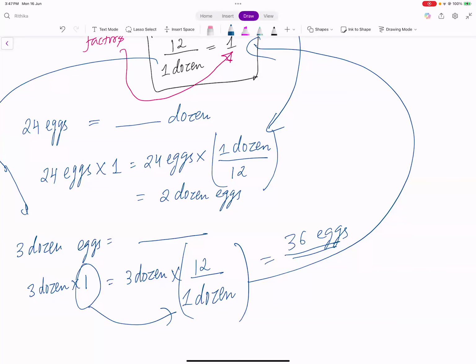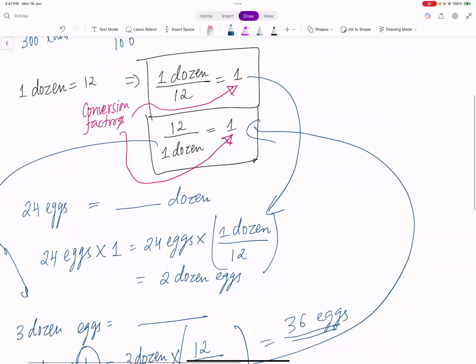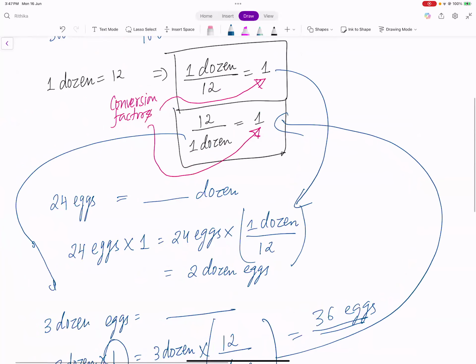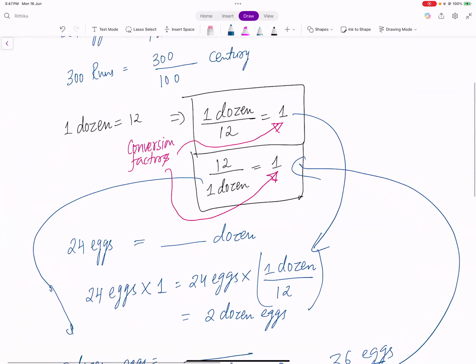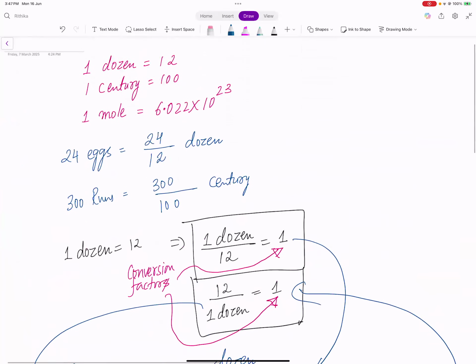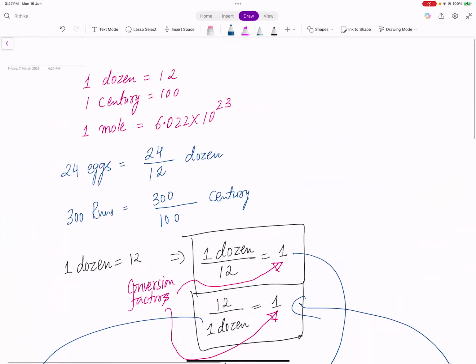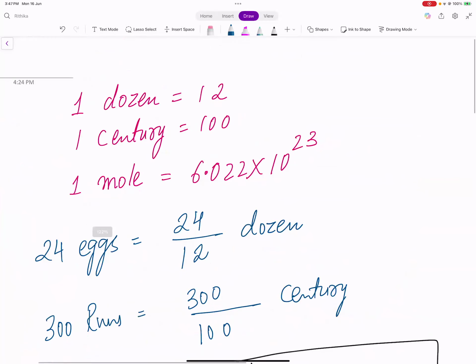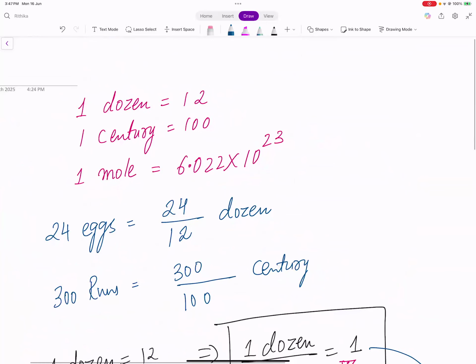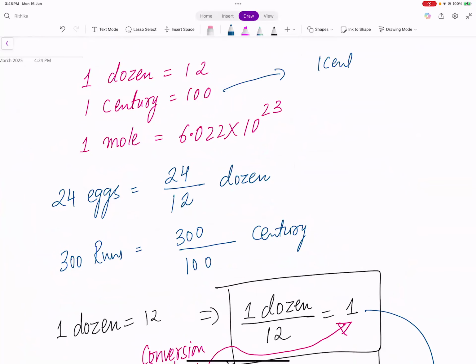From everywhere, I'm going to get 2 conversion factors. Conversion factor means 1. Whenever I'm equating two things, for example for the dozen, we already know. If I want the conversion factor for century, it will be either 1 century by 100, or the other thing, 100 by 1 century. These are the two I can create here. Similarly with mole.